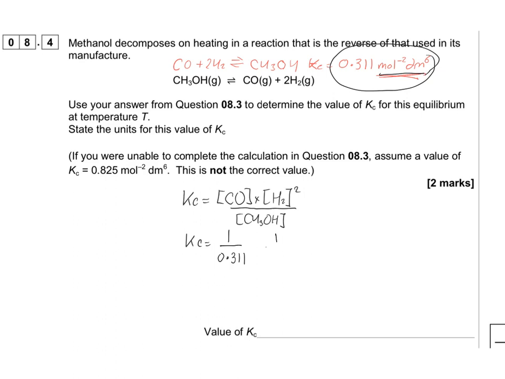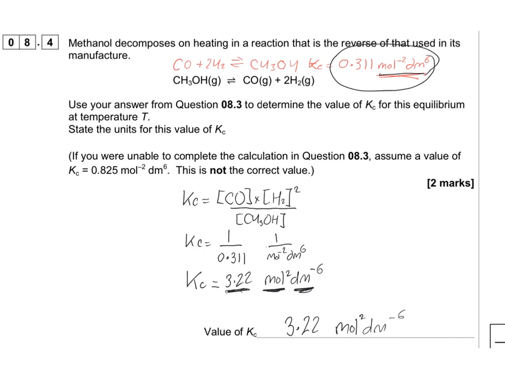well, we can actually calculate it two ways. 1 over moles to the minus 2 dm to the 6. So on our calculators, that comes out to 3.22 moles squared dm to the minus 6.